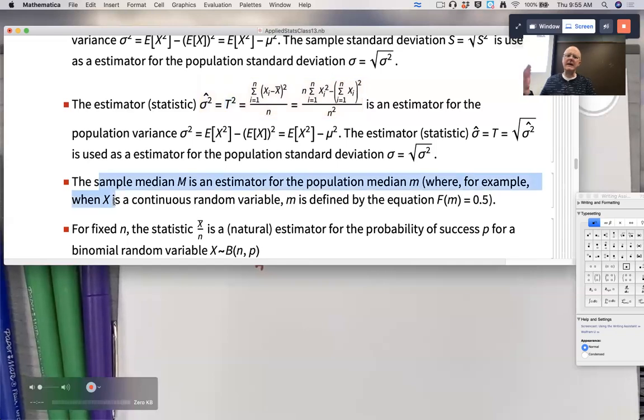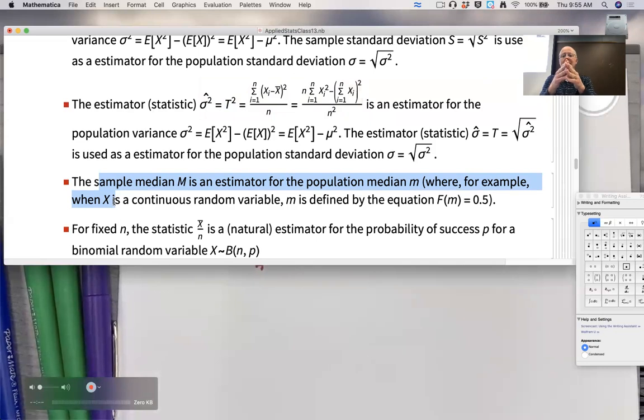We could do a sample median as an estimator for a population median. A sample median would be a middle value when you take your x1 through xn and list them out from lowest to greatest. If n is odd, there will be a middle value. If n is even, it will be the average of the two middle values.